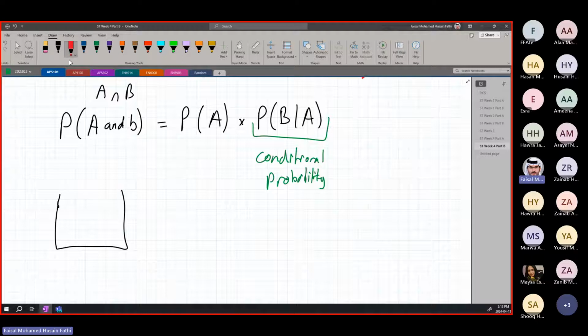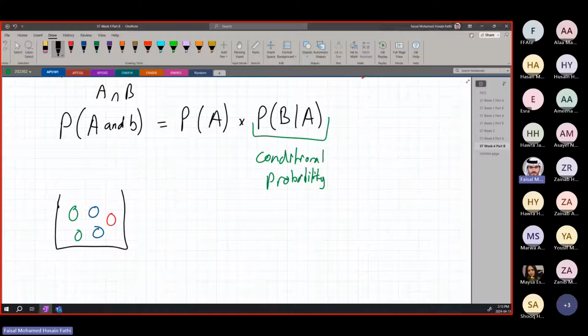Inside it you have, let's say, 5 marbles of random colors. Let's say we have 2 green, 2 blue, and 1 red.